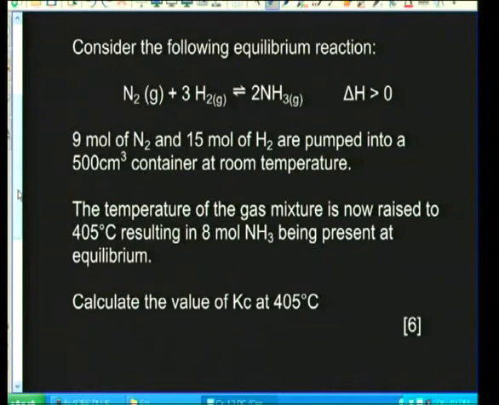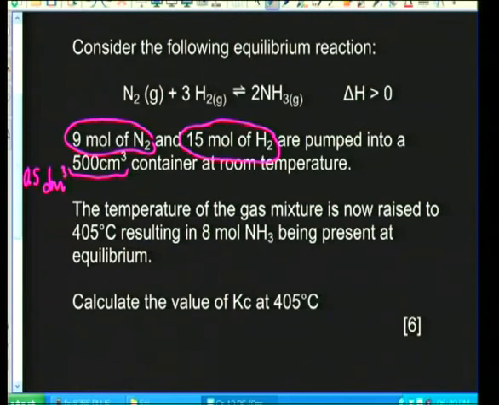We have lots of information given to us as well. 9 moles of nitrogen gas and 15 moles of hydrogen gas are pumped into a 500 cubic centimeter container. Immediately when I see that, I know I must convert to cubic decimeters. I don't want it in cubic centimeters, I want it in cubic decimeters. That is 0.5, because I'm dividing by 1,000 in this cubic form.